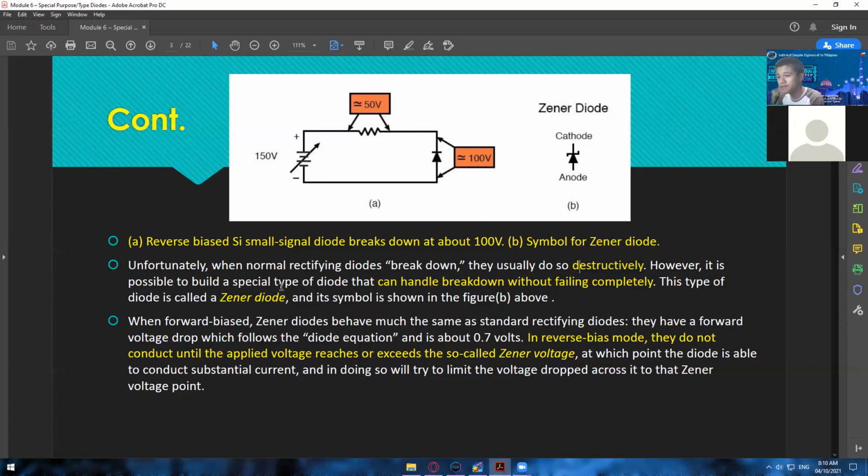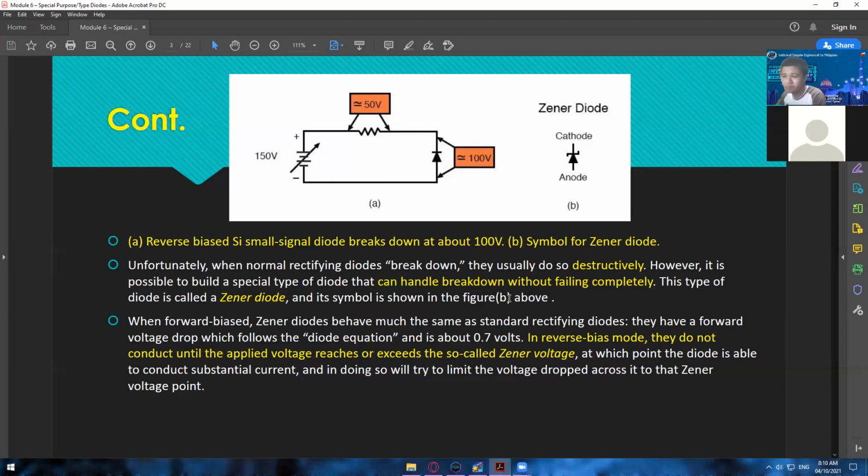However, it is possible to build a special type of diode that can handle breakdown without failing completely. This type of diode is called a Zener diode, wherein once it reaches that breakdown voltage, it won't get destroyed or blown up.